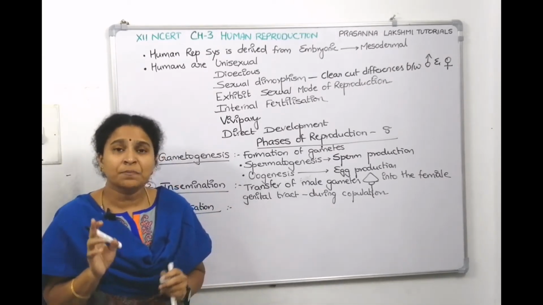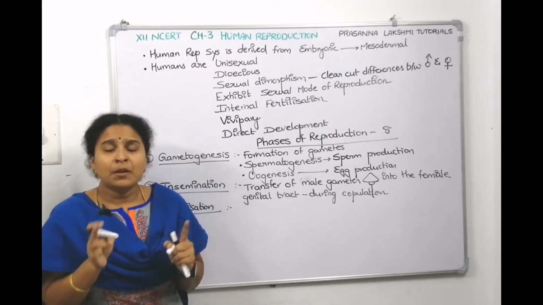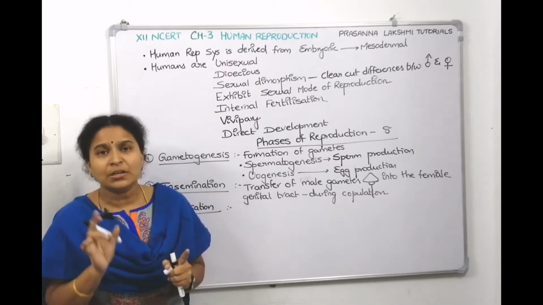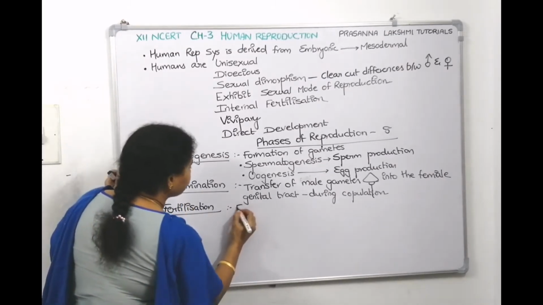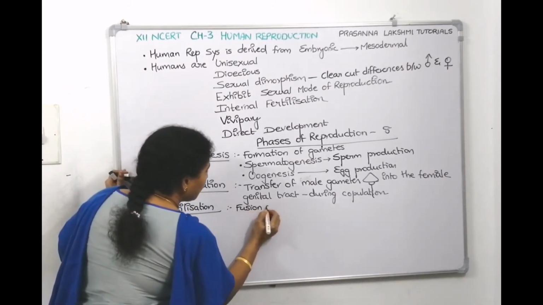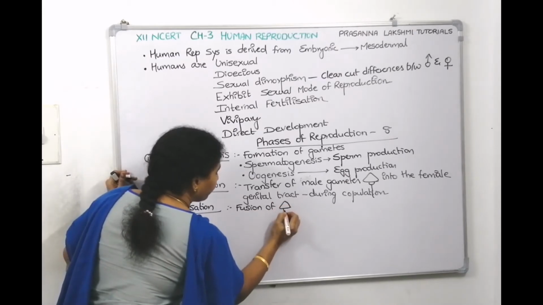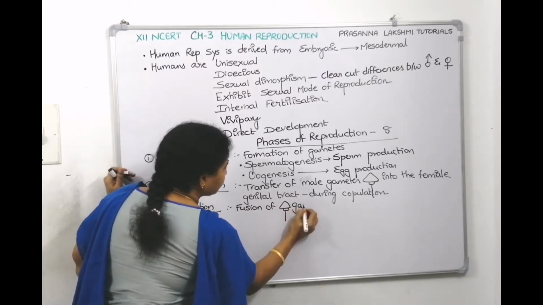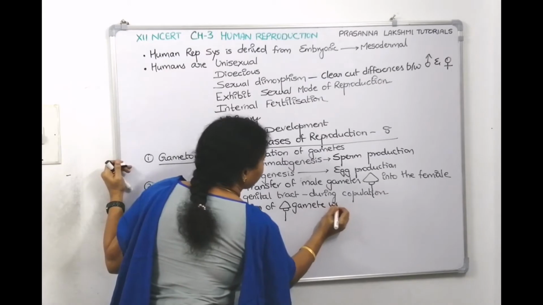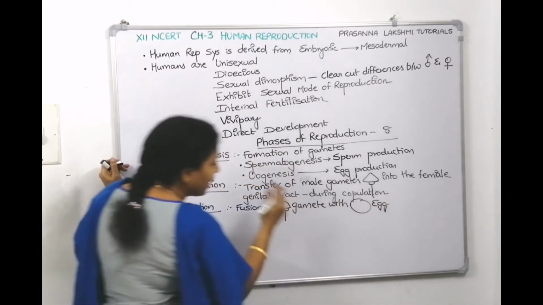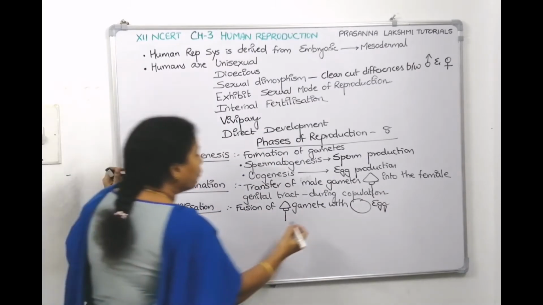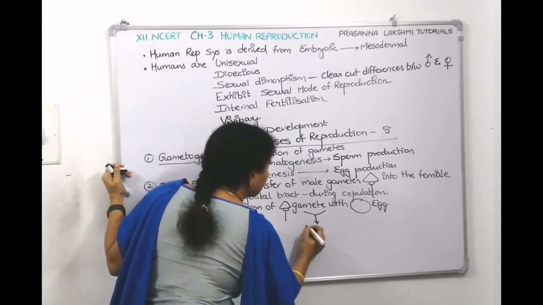What is fertilization? It is a fusion of gametes, right? Fusion of gametes leads to fertilization, helps in the development of zygote formation. Fertilization means it is the fusion of the male gamete with the egg, the fusion of male gamete with the female gamete. When both of them fuse, what happens?